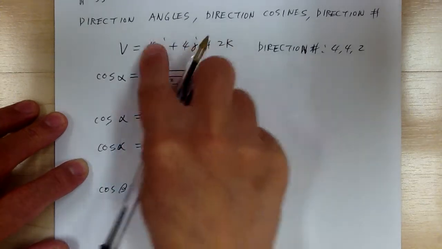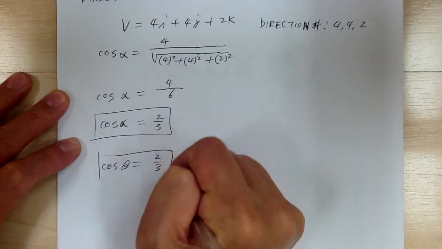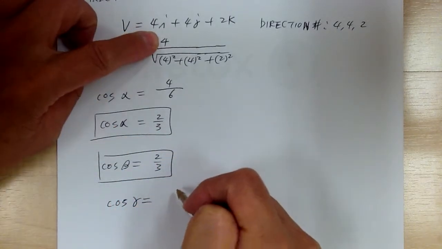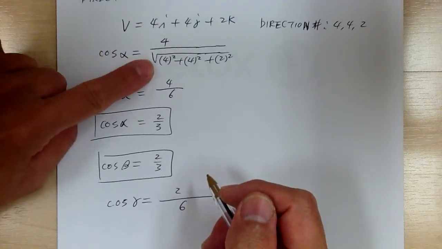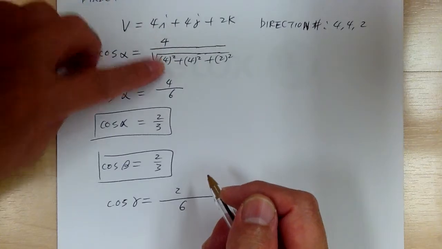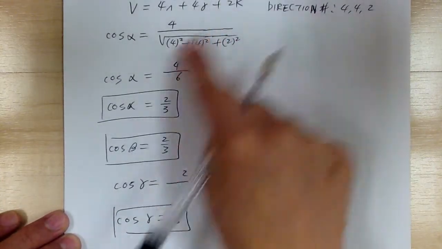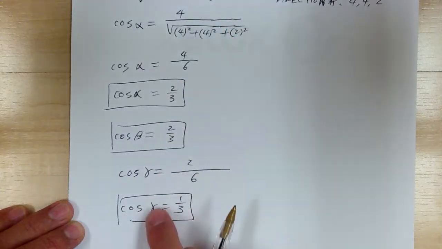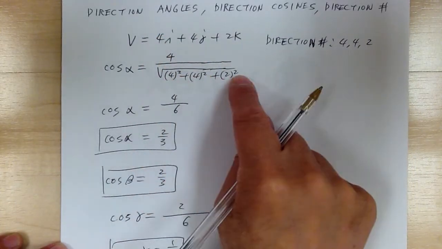Then cosine gamma is going to be equal to 2 over 6, so cosine gamma is equal to 1/3. So this is your direction cosine. Alpha is for the i, beta is for the j, gamma is for the k. So use the direction number divided by its length.